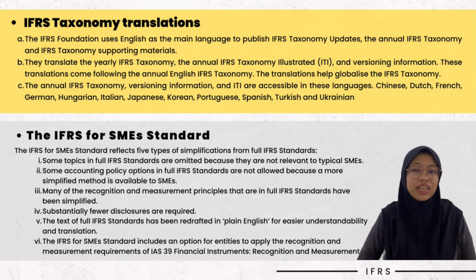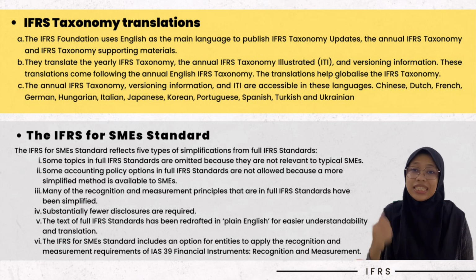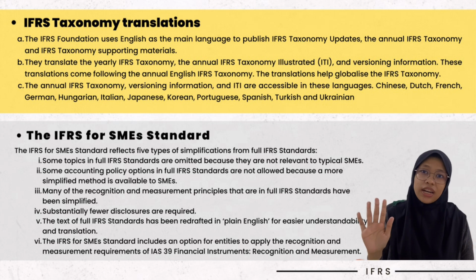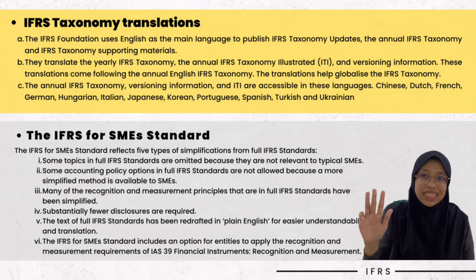These translations come following the annual English IFRS Taxonomy. The translation helps globalize the IFRS Taxonomy. The annual IFRS Taxonomy, versioning information, and ITI are accessible in languages such as Chinese, Dutch, French, German, Hungarian, Italian, Japanese, Korean, Portuguese, Spanish, Turkish, and Ukrainian.